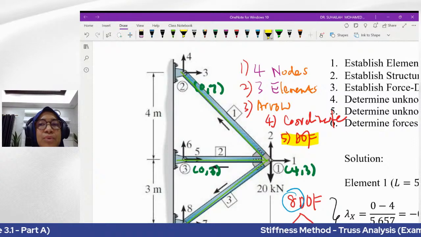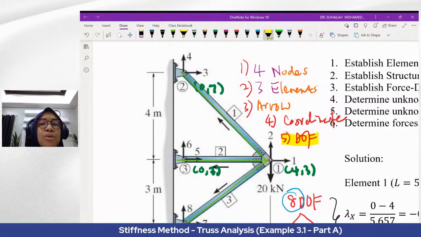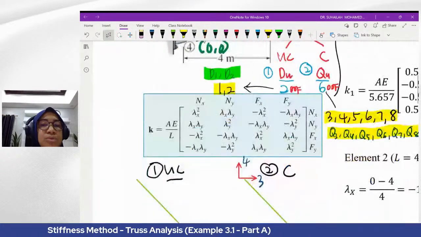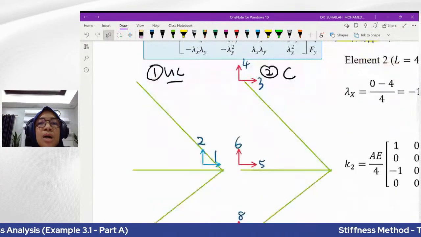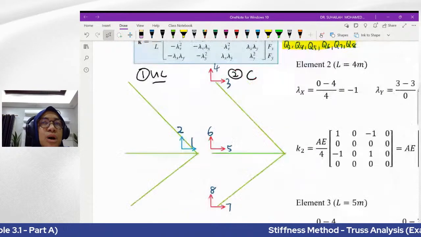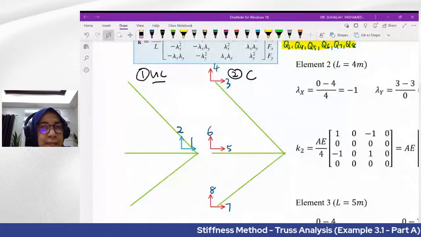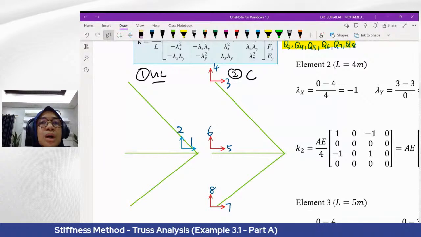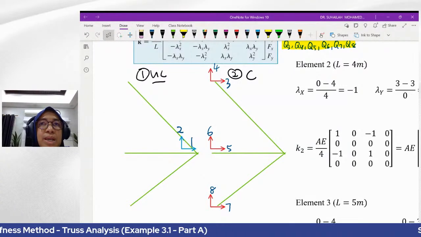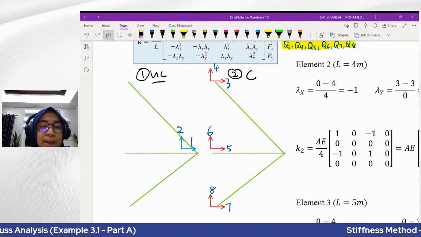Whenever we want to label the degrees of freedom, we have to make sure that we label them according to the unconstrained and constrained systems. So in order to label them correctly, I suggest you sketch, like what I am doing right now.